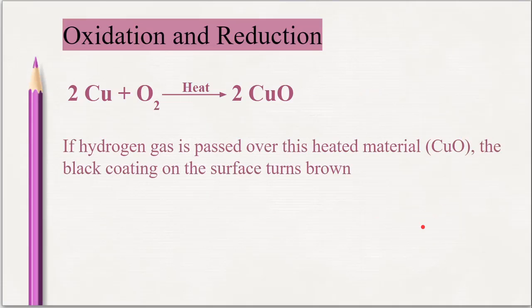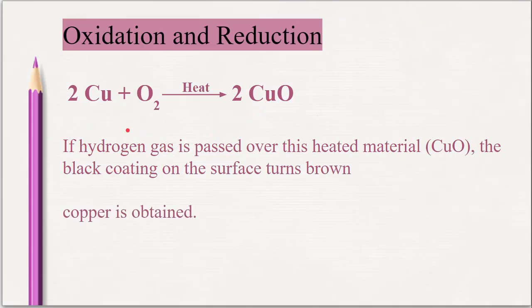Now, if hydrogen gas is passed over this heated material, the copper oxide, the black coating on the surface turns brown. If hydrogen gas is passed over this CuO, then that black coating turns brown in the presence of hydrogen.